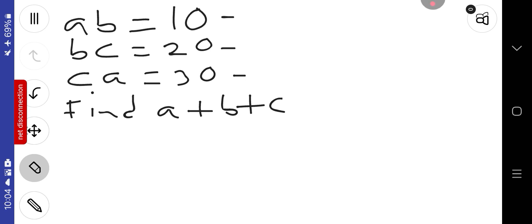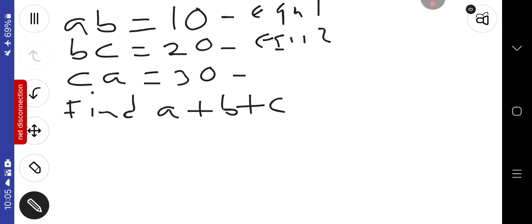Now let's call this, we have AB is equal to 10, equation 1. Let's call this equation 2.